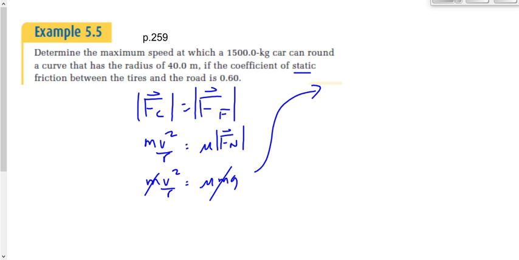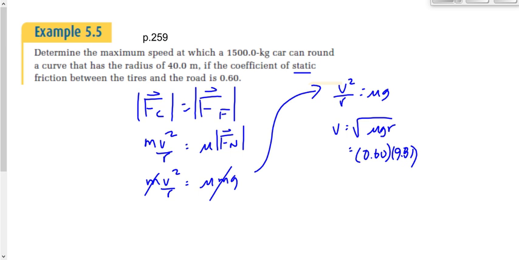All right, v squared over r equals mu times g, and we're looking for v. So let's take the r up by multiplying, and then square root the v. v equals the square root of mu g r. Mu is 0.60, g is 9.81, and r is 40 meters.